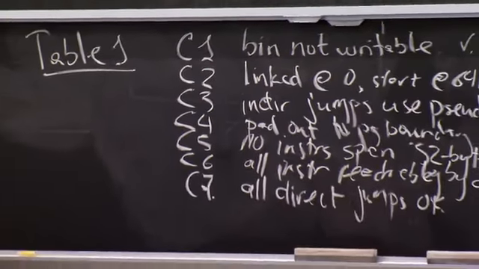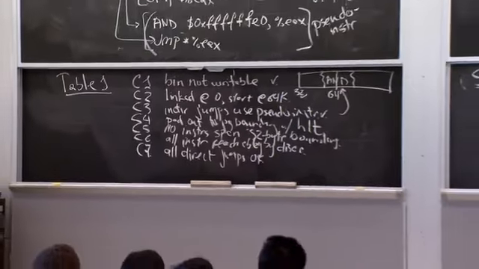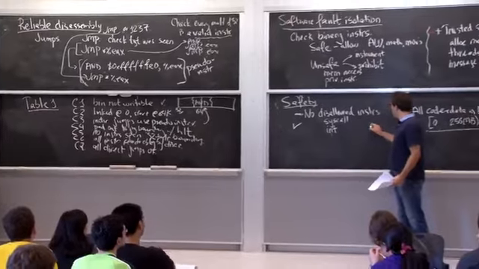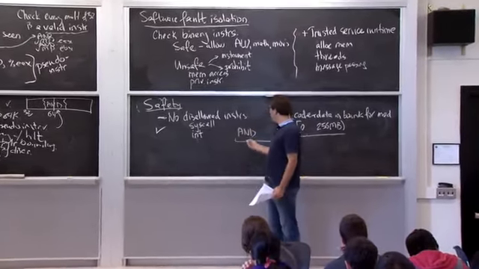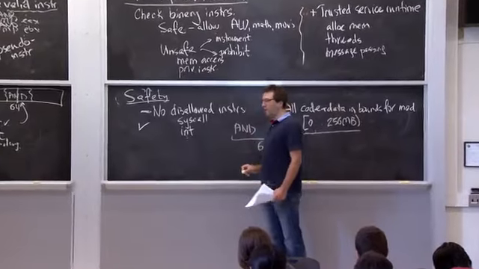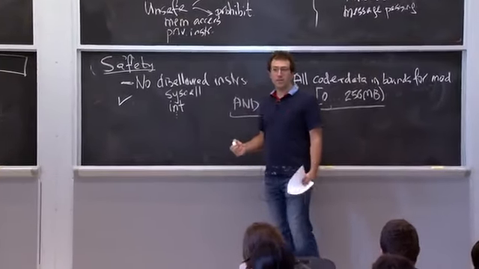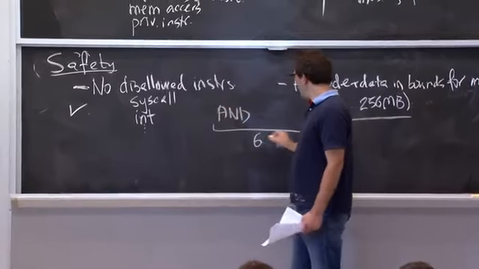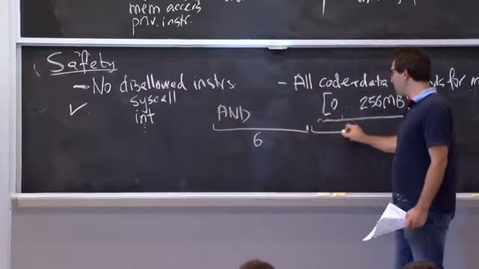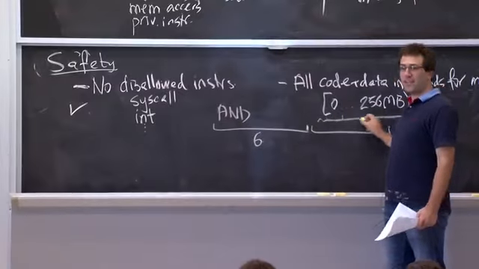Yeah, so suppose that there's some fancy variant of some AND instruction that you could write down, and maybe the validator gets that wrong and thinks that this guy is actually 6 bytes, when in reality it's 5 bytes long. So you could plop this AND down, and then the validator thinks, oh, it's 6 bytes, so I'll look 6 bytes further, and I'll check whether this is a valid instruction.